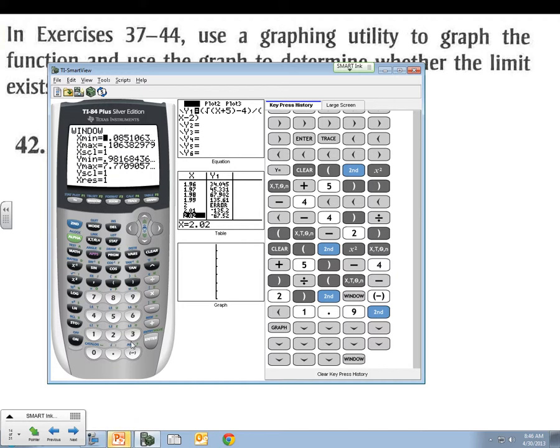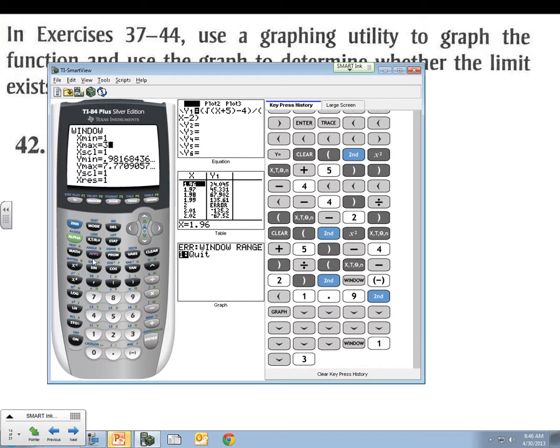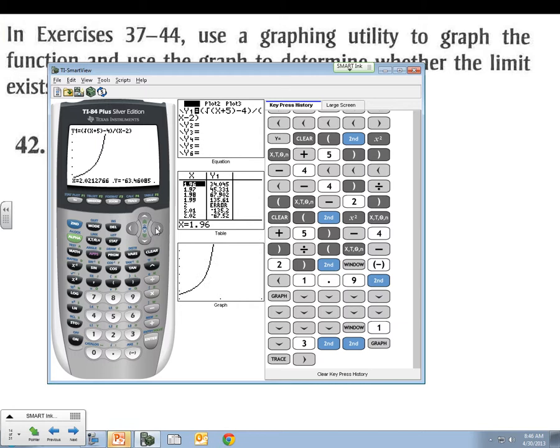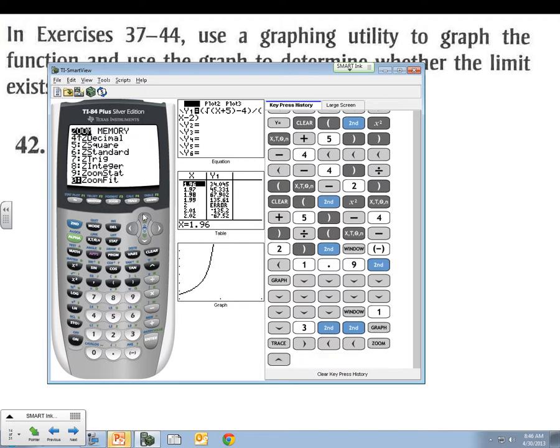I'm going to take my window and we're going to go from 1 to 3. And graph this and trace it. Let's see what's happening here. As we approach 2, I'm going to zoom this out a little bit. There we go.